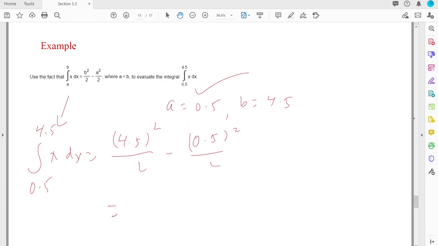So 4.5 whole square, you can use a calculator, and 4.5 minus 0.5 is 4, and then times 5 over 2, which is 10. So just use a calculator. 4.5 whole square divided by 2, minus 0.5 whole square divided by 2. Eventually it will give you 20 over 2, which is 10.